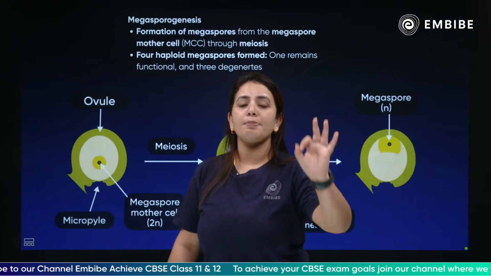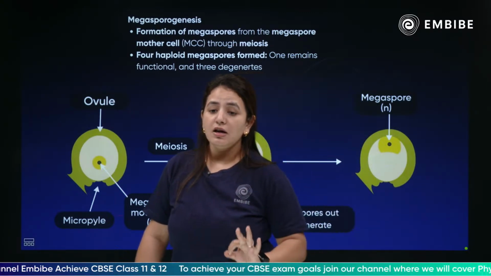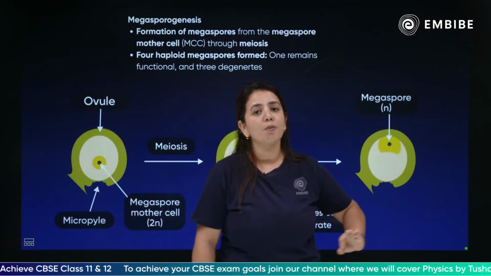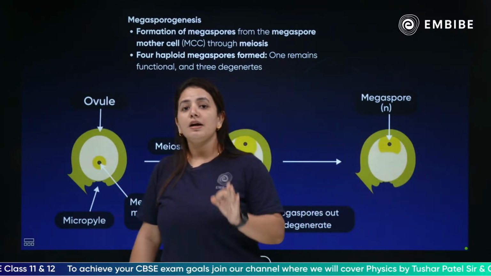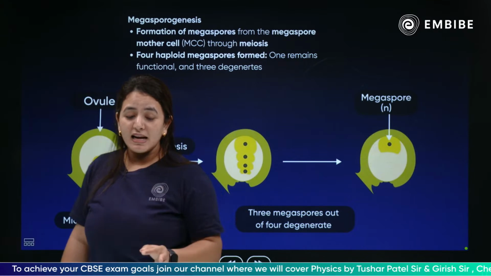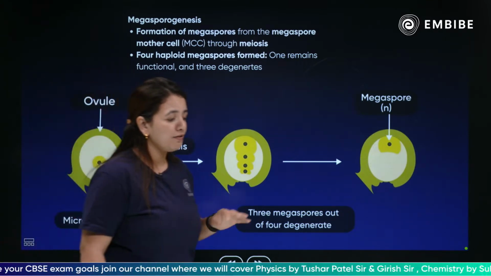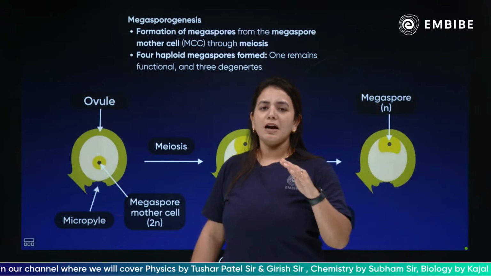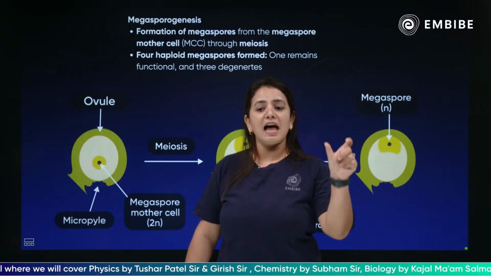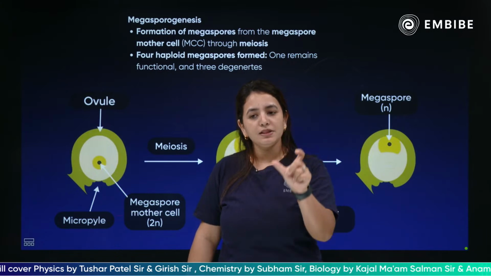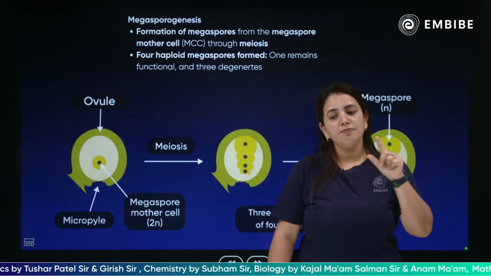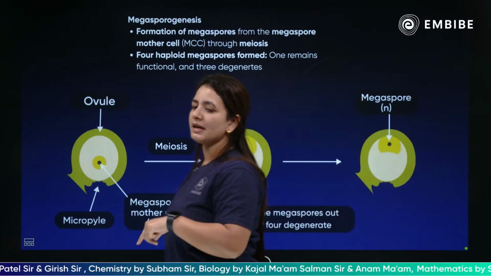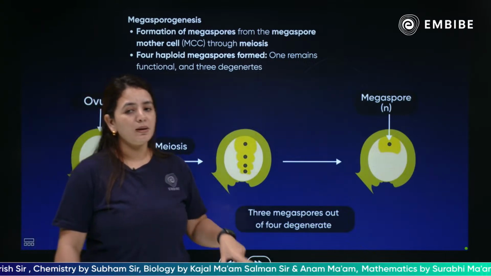Your stigma is absolutely sticky in nature. The style helps in the pollen tube formation. It helps the male gamete reach the female gamete. So the landing platform is the stigma. The style is basically helping in the pollen tube formation, and by the time the pollen tube is formed, the male gamete reaches the female gamete.